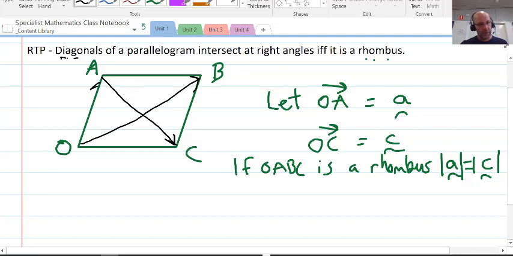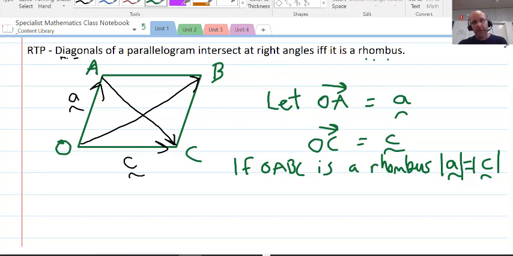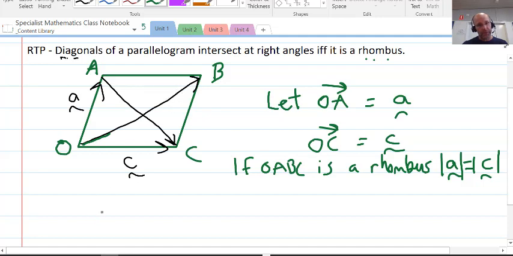I'm going to put in some of that other information from earlier on, because it is a vector proof. Now, I reckon I'm going to need vector AB or something equivalent to that in terms of c, because we're looking at this diagonal here, for example. I'm not going to color it in, but the one that's going up that way, and that might involve AB.